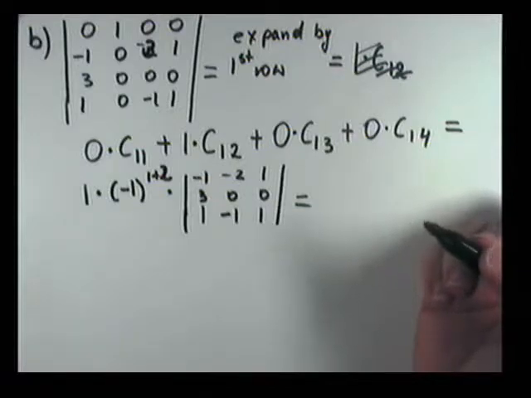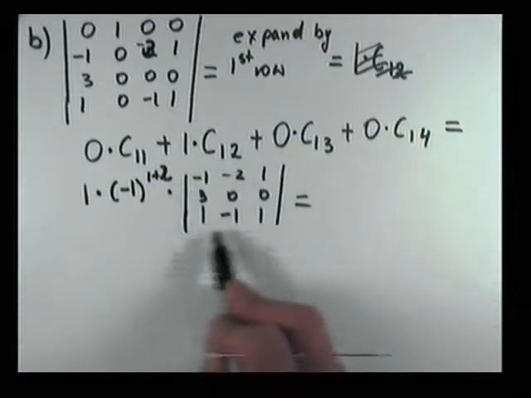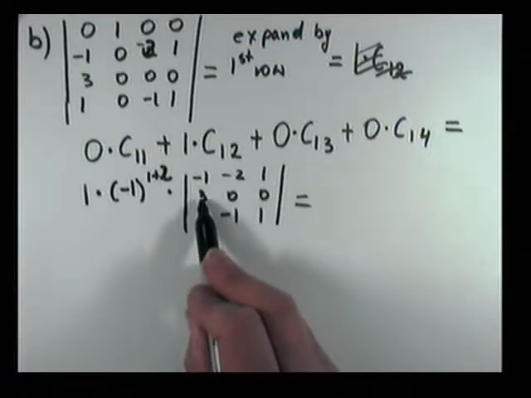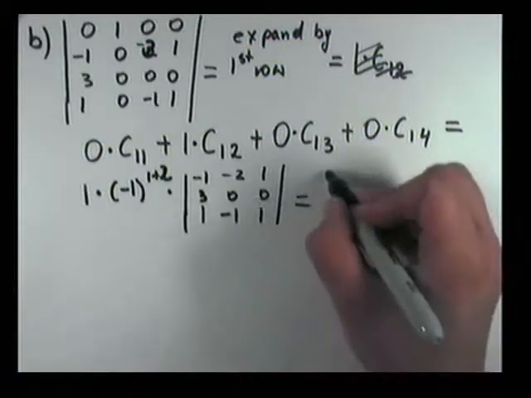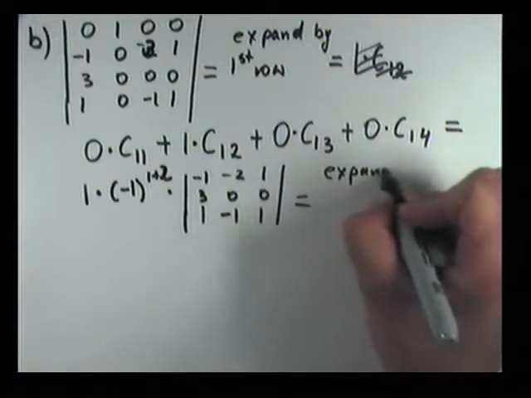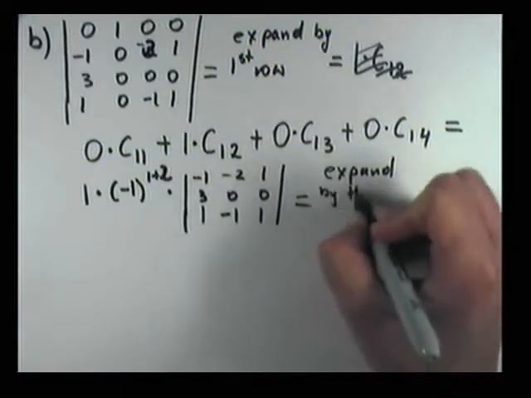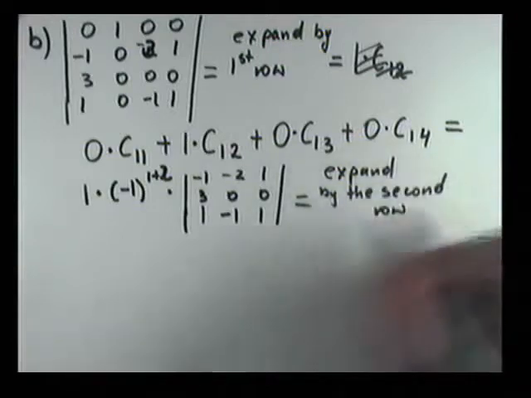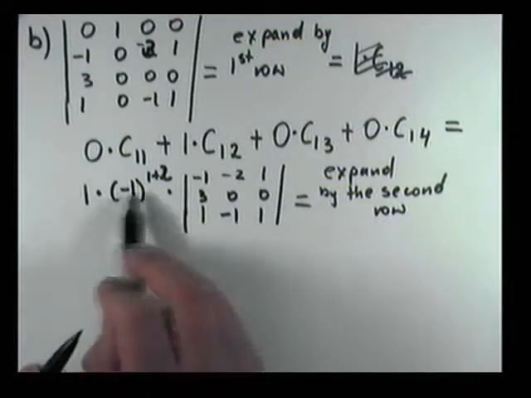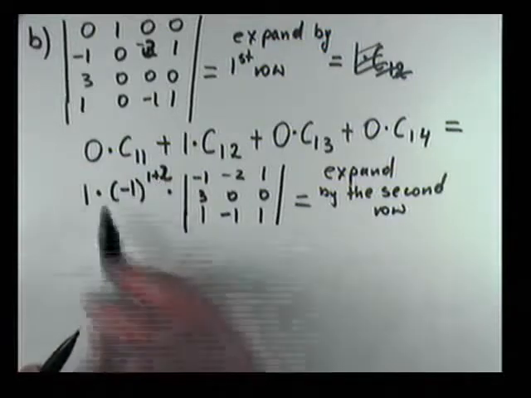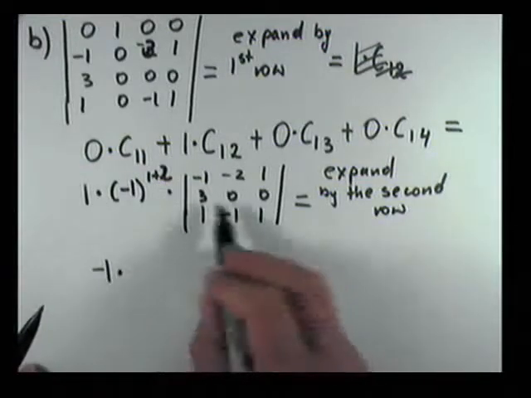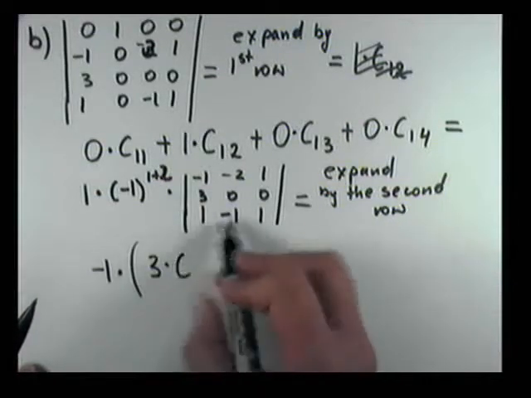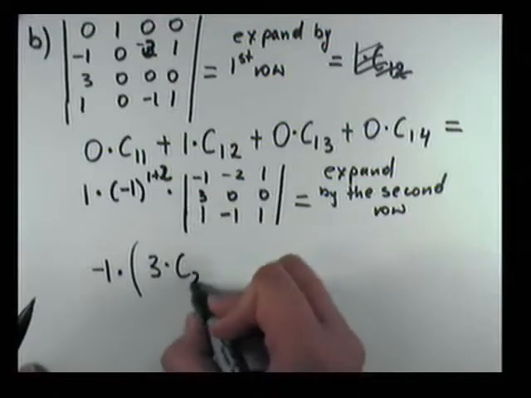And now we need to solve this determinant. So for this determinant expand by the second row, because it's only one number and the rest is 0. We can work this out, by the way. So this one is minus 1 to the power 3, which is minus 1, times 3 times the cofactor of the position second row, first column.